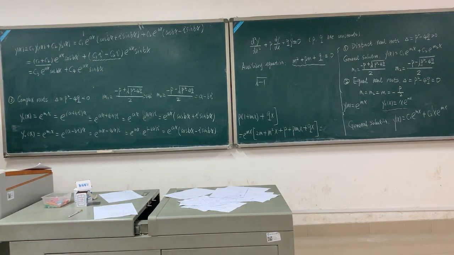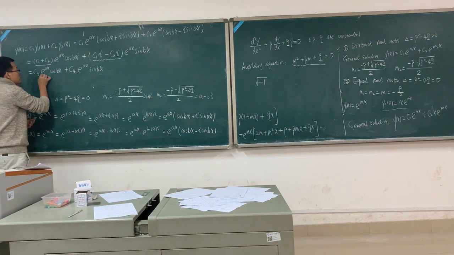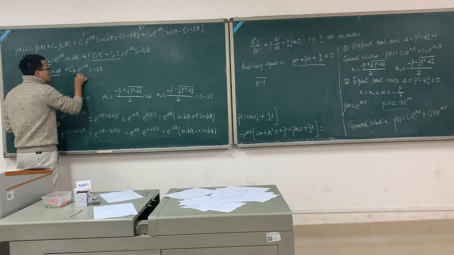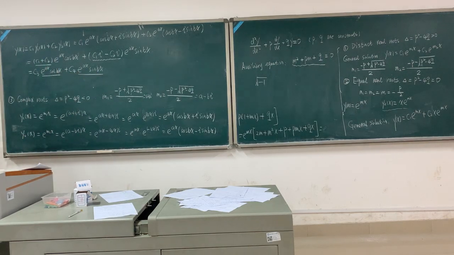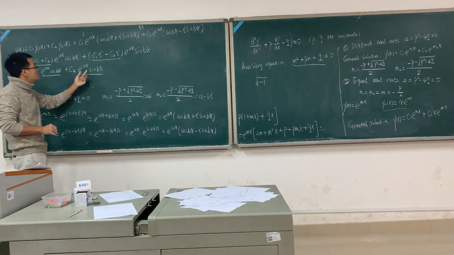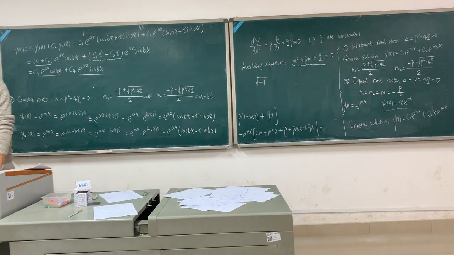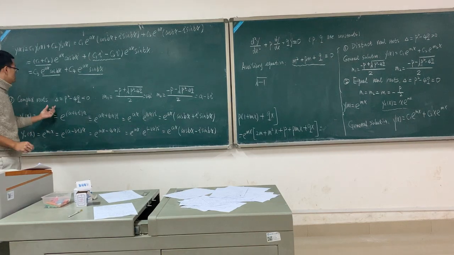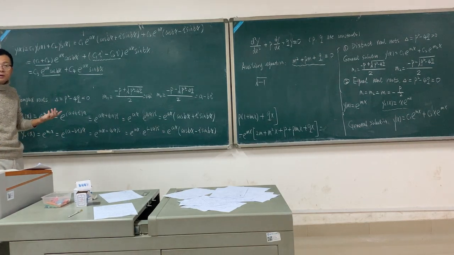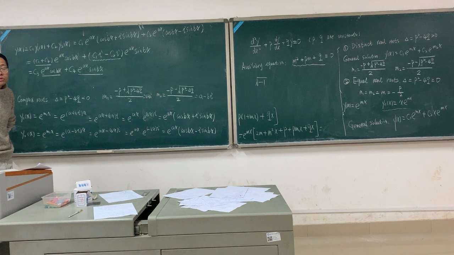So now from here we can see any general solution can be expressed by a constant times this function plus a constant times this function. So e^(ax) cosine bx and e^(ax) sin bx are two linearly independent solutions of the second order differential equation.